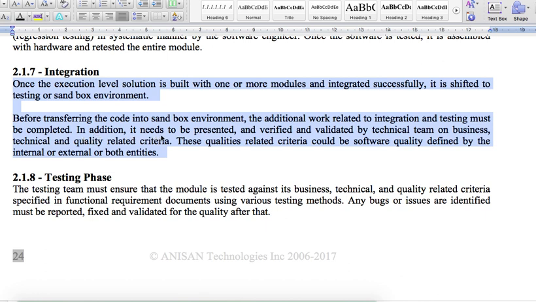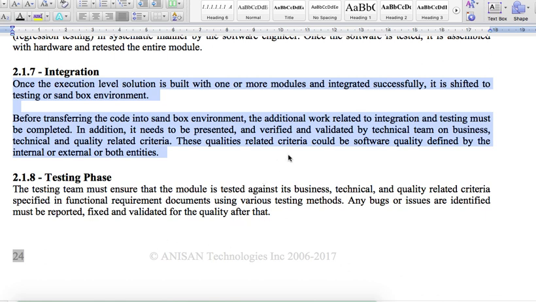In addition, it needs to be presented, verified and validated by the technical team on the business, technical and quality related criteria. That is optional again, because sometimes the users are busy, so they want to test only after the testing team completes the test. But sometimes the stakeholders also want to see how the solution may look, and if they have any particular preferences in terms of look and feel, functionality and any changes, they may also get involved in the development phase.